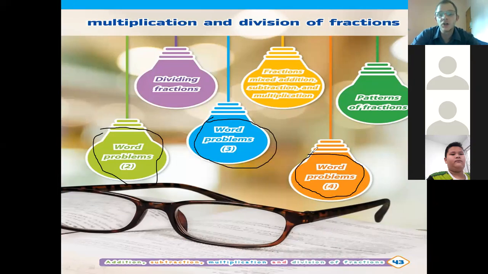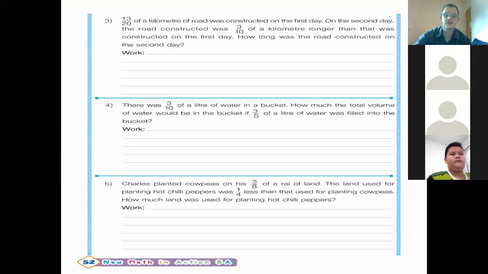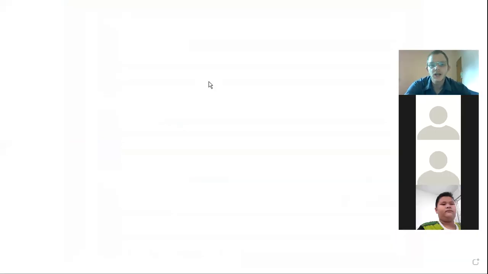I want to do word problems so that we can get a good understanding of when we have to add, when we have to subtract, and also for multiplication and division. So before we start with the problems itself, let's quickly run through the rules we have.